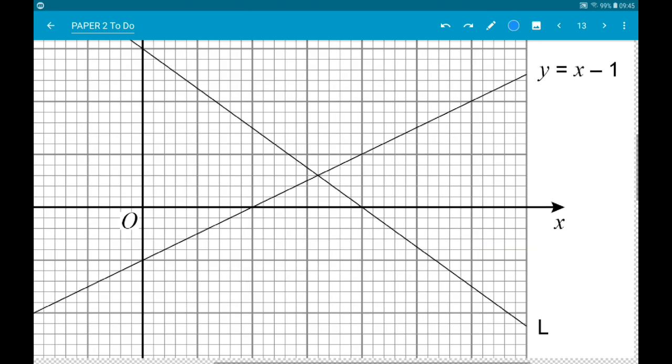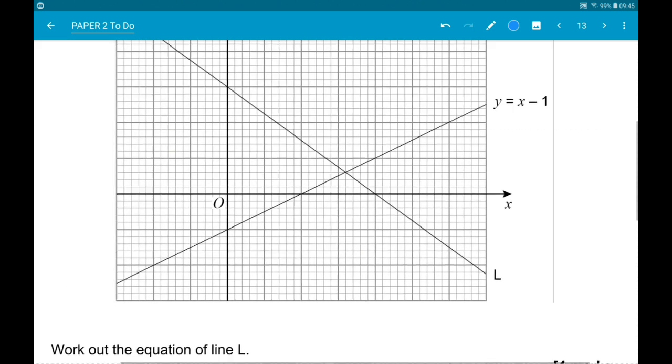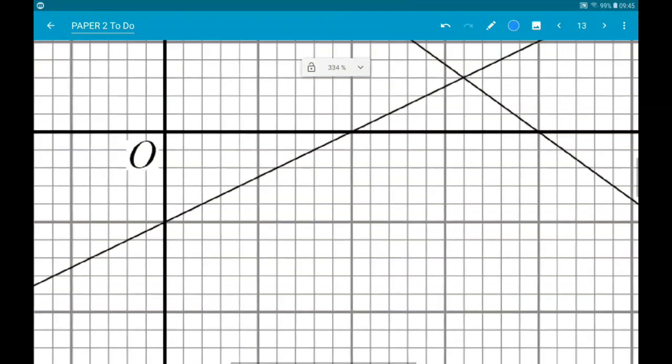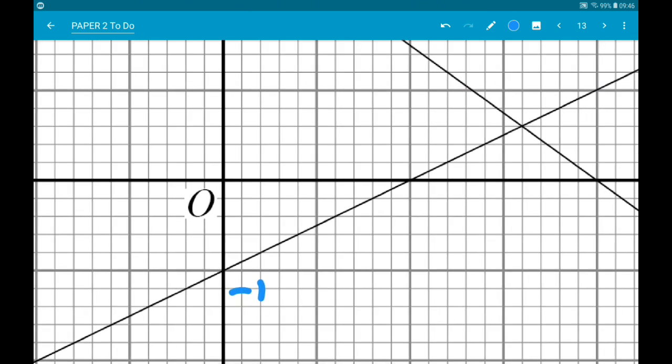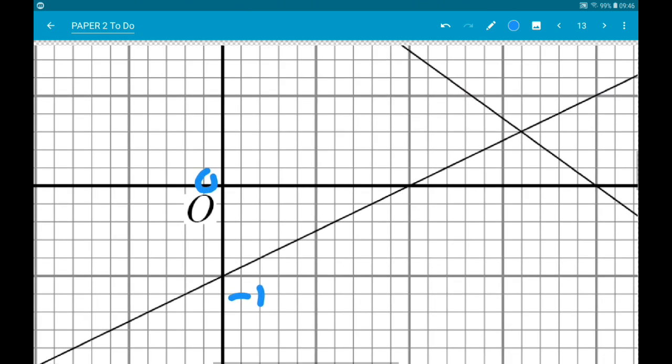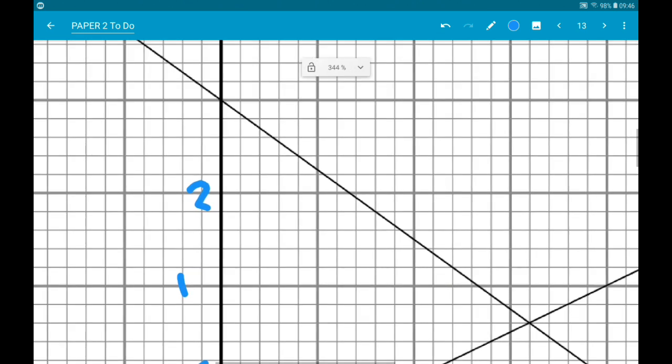Now remember, y equals mx plus c. c is the y-intercept. So on y equals x minus 1, the y-intercept is minus 1, which gives us our scale on the y-axis. So the y-intercept of L is 3.